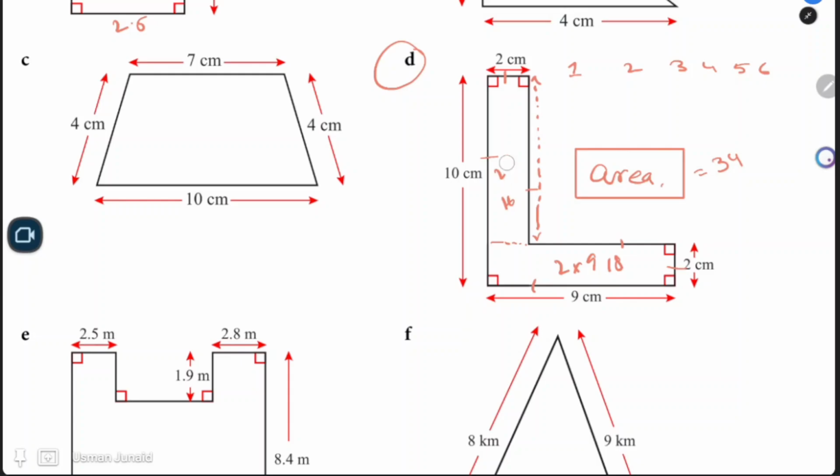And when we see the perimeter, the perimeter is 2 plus 9 plus 10 plus 9. The perimeter is 38, but the area is 34.